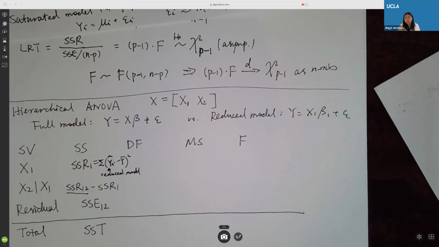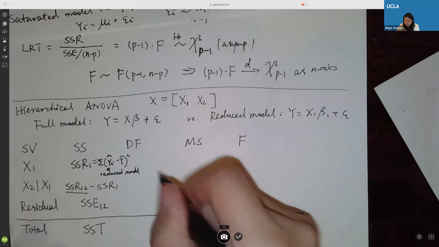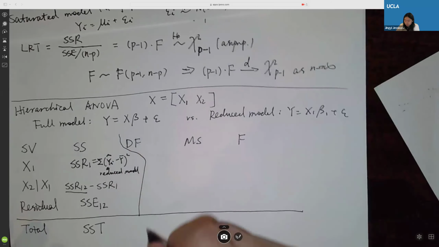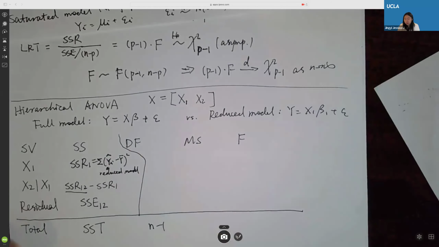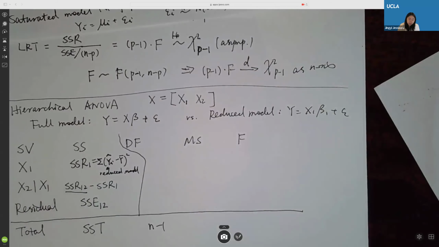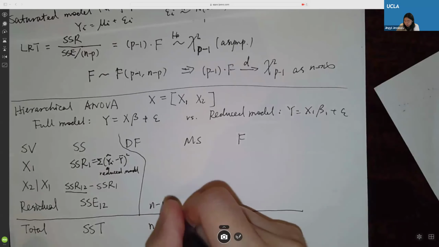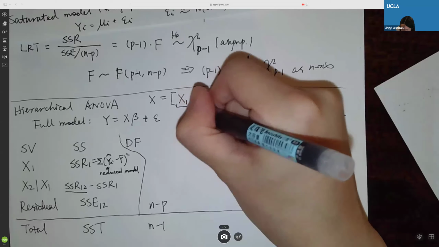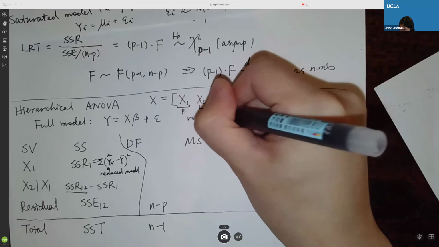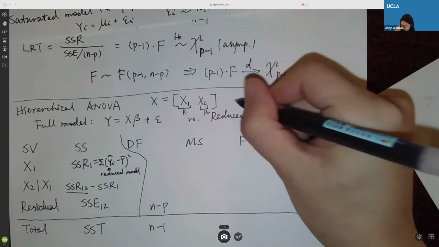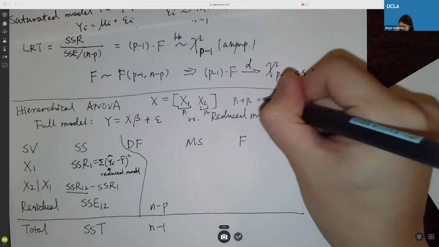This is the same as the basic form of ANOVA we just introduced. Now, degrees of freedom. This is trickier. We know SST is n minus 1. And again, we know the residual is n minus p. Probably I should be more general: this is p1 dimensional, p2 dimensional, okay? And p1 plus p2 equals p.